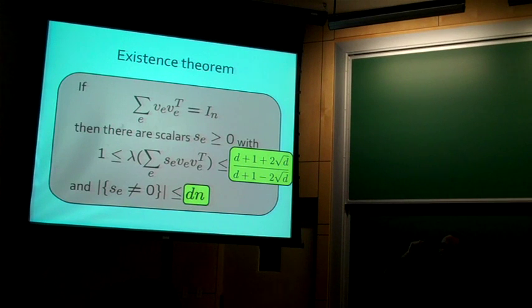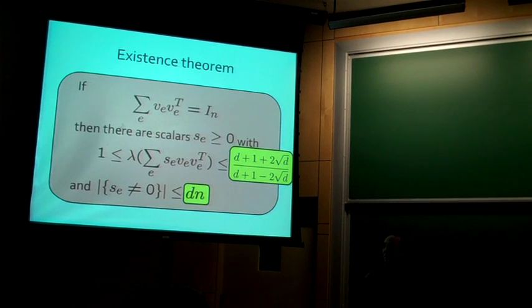Lowner-John ellipsoids or something like that. And so Nikhil Srivastava has a result that extends that, it sort of shaves a log factor off of Roman Vershynin's results on that. And he can approximately control the mean, but not as well as we'd like. So it's probably possible to control the mean better than we're doing right now. And it would have applications, but we don't have it quite right yet.